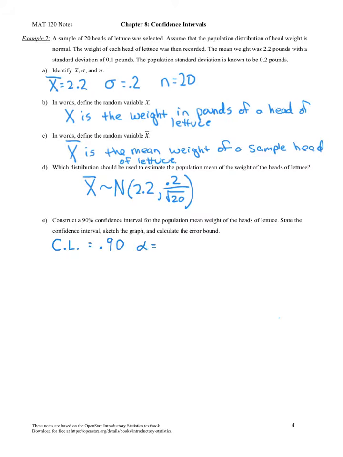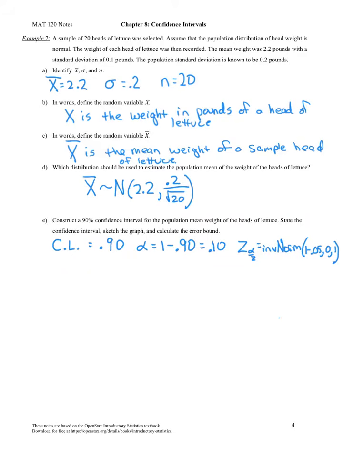Our alpha will be 1 minus 90%, which is 0.10, and our z, I'll use the calculator here, we'll use the inverse norm of 1 minus 0.05 with a mean of 0 and a standard deviation of 1.